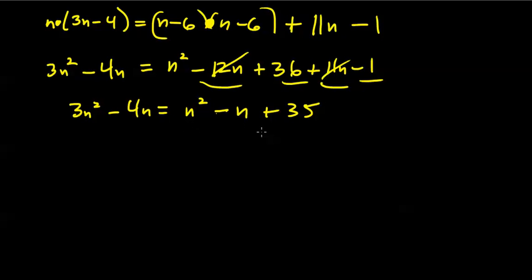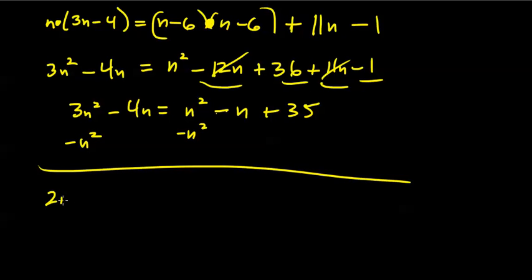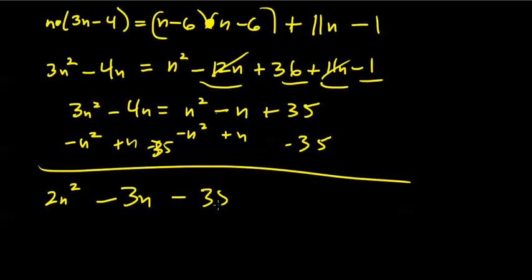Now I would subtract n squared from both sides. That'll give me a 2n squared on the left. I would probably then add n to both sides, and it'll give me a minus 3n on the left. And if I subtract 35 from both sides, well, there's no other number term on the left, so I'll end up with minus 35 on the left equals 0.